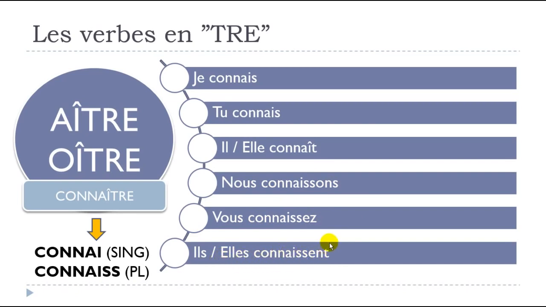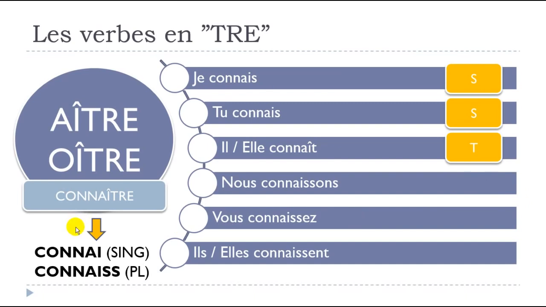One more time, you put this stem for the singular, and then for je you add s, for tu you add s, for il you add t. That's the reason why you get je connais, tu connais, il connaît, elle connaît. And keep in mind this little circumflex thing here.